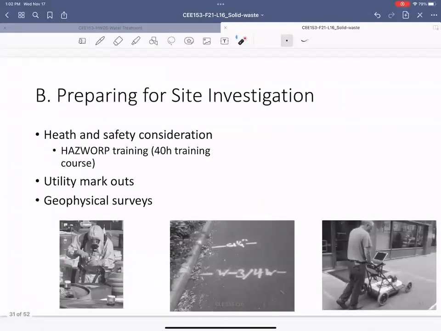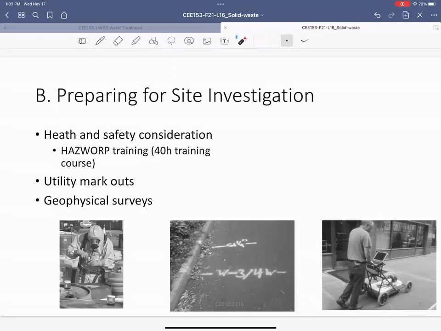Then you go out to the field, dressed up in a hazmat suit, like you see over here, because you don't know whether you'll find any pollutants or not. You don't know what the risk is there, so you have to protect yourself. Then you walk around and take samples at the locations that you decided.